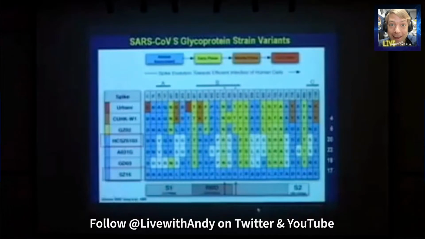Now, importantly, Farzan's group showed that the two key changes during the epidemic were this lysine to asparagine change at 479 and a serine to threonine change at 487 that drove animal adaptation to human strains. And so keep that in mind.